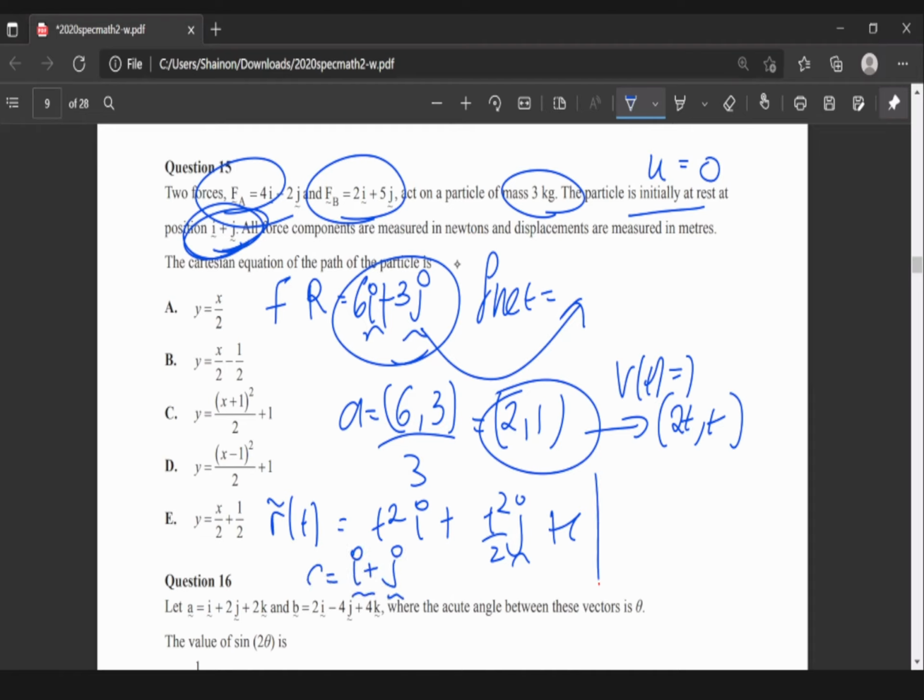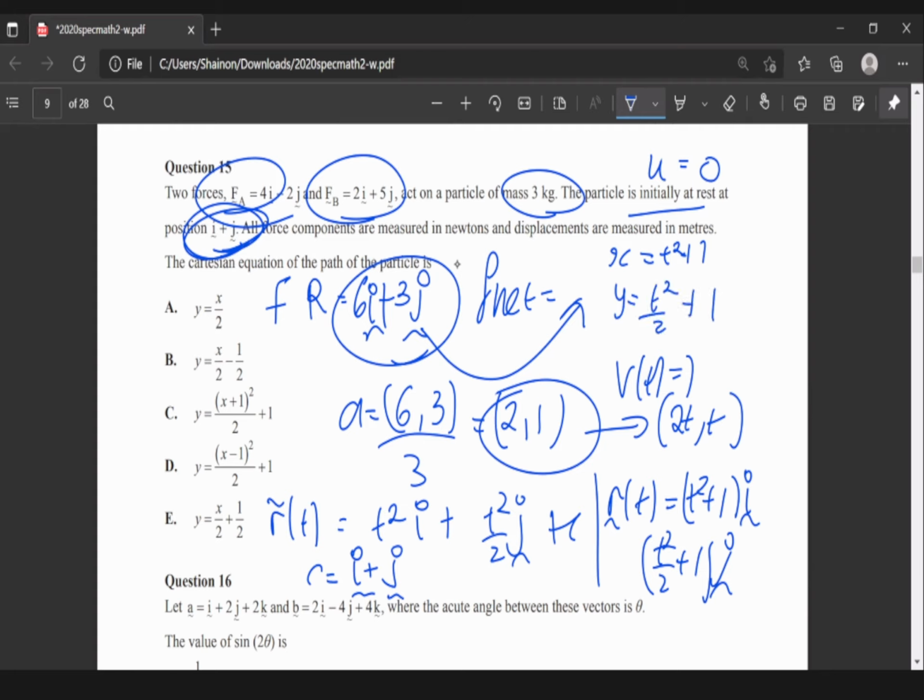So then r(t) is equal to (t squared plus 1) i, and then (t squared over 2 plus 1) j, and then you can use your CAS, so you just equate x equals t squared plus 1, and then y is equal to t squared over 2 plus 1.